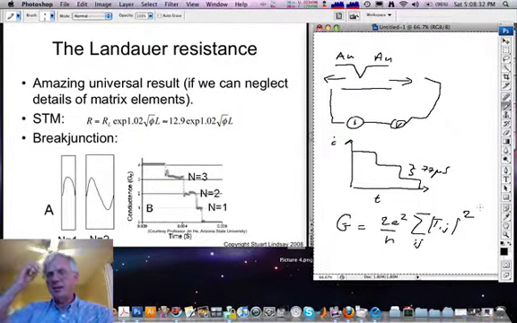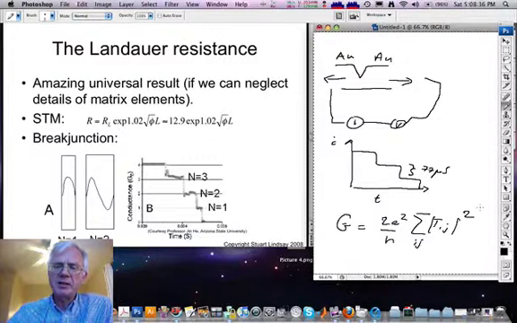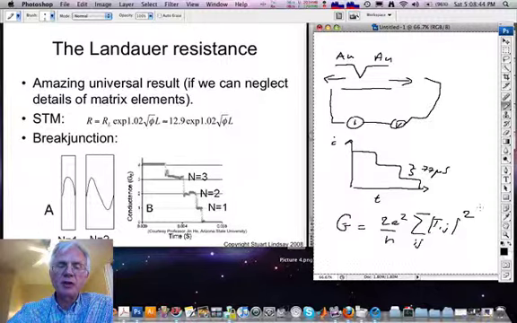And it turns out then that by using quantum chemistry programs, we can calculate this mysterious Tij squared quantity, and thus the absolute conductance of a junction containing even a complicated molecule.